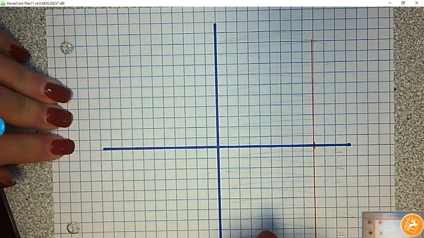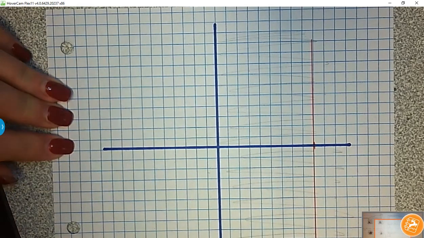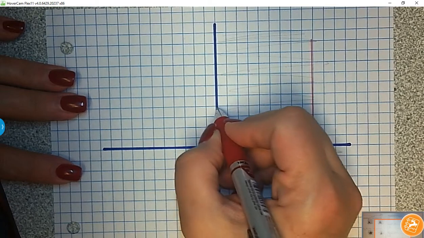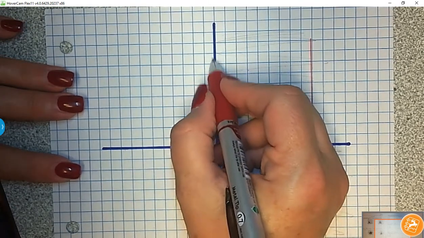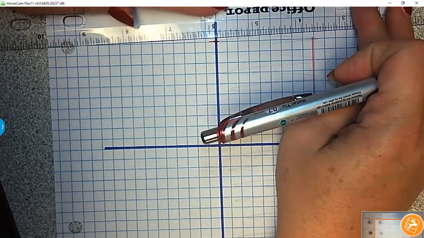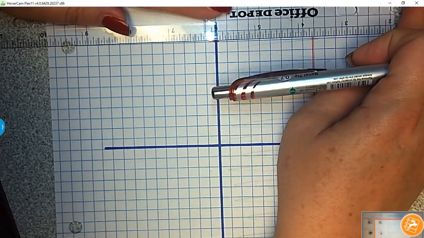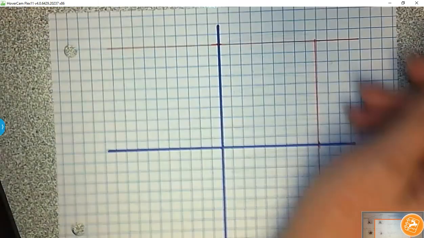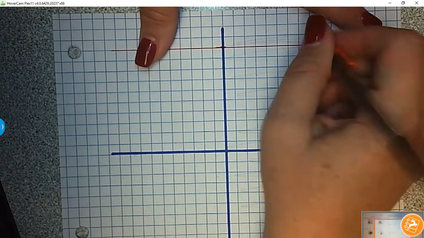Y is less than or equal to 10, so that's going to be a horizontal line. And less than is going to make it shade underneath there.